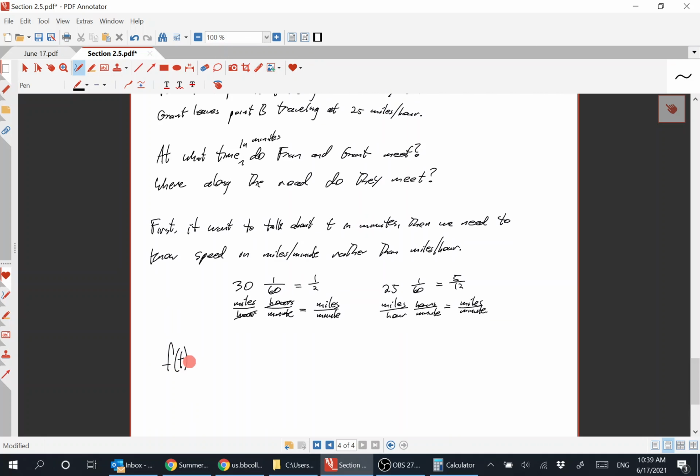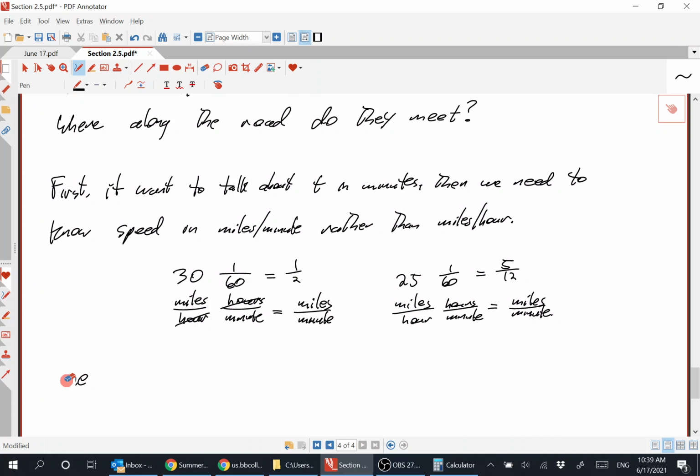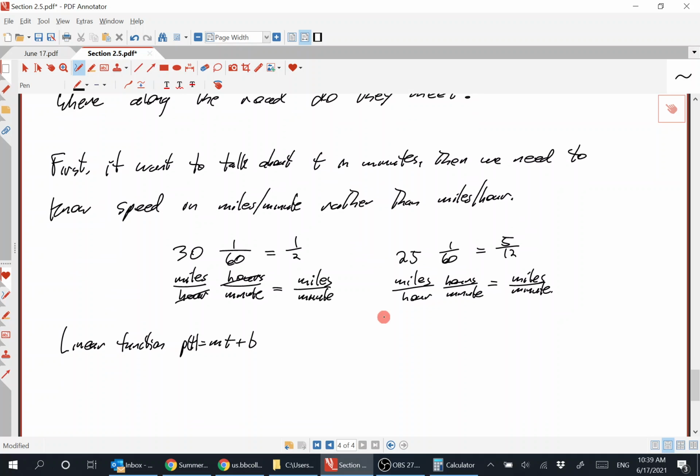So Fran, her distance function, f of t, well, she's going half a mile per minute for t minutes, right? So again, the linear function P of t is going to be mt plus b, where m is the rate of change, constant rate of change, and b is the initial condition.